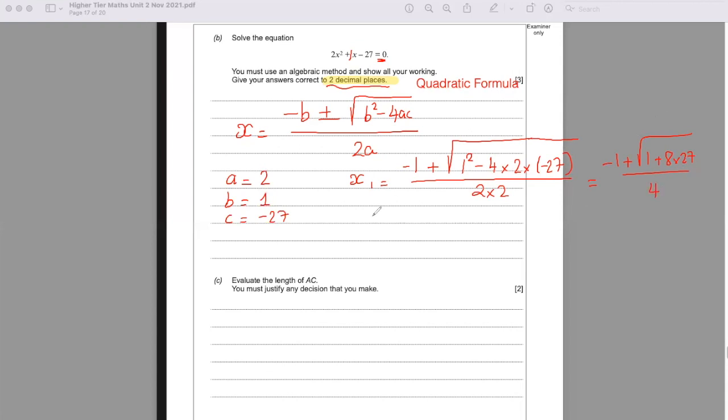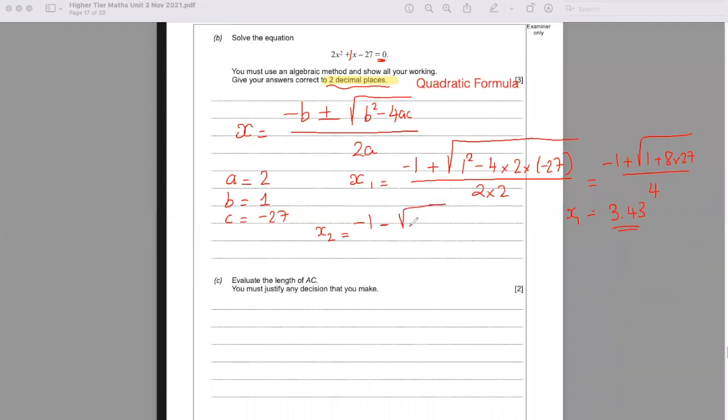And just put that in your calculator. In my calculator, I got 3.43, and that is my x1. Your x2 will be equal to minus 1 minus now, because we've done the plus.